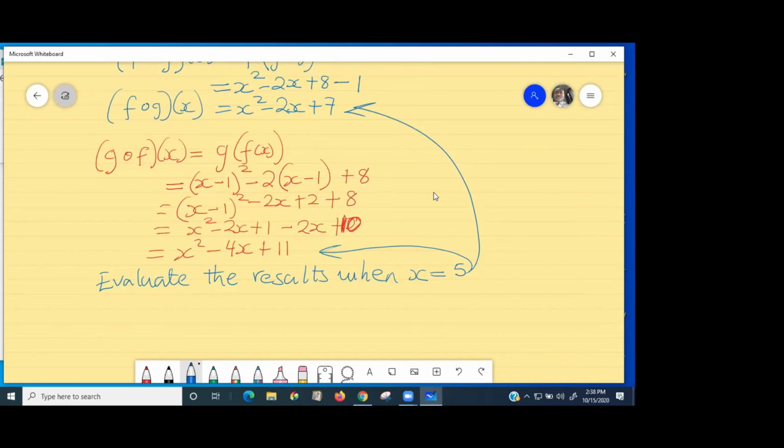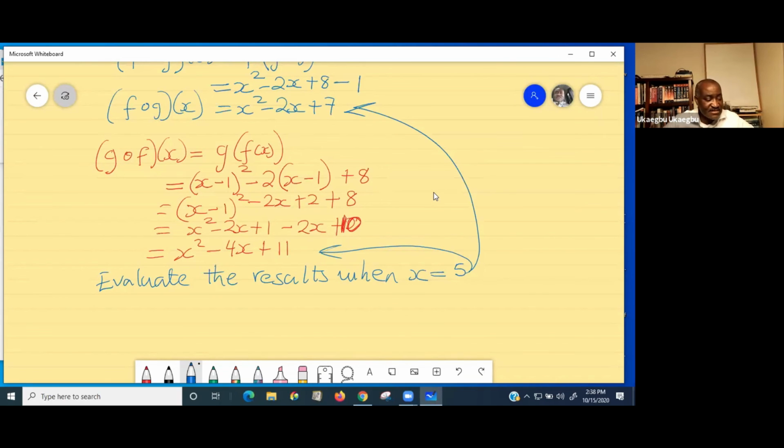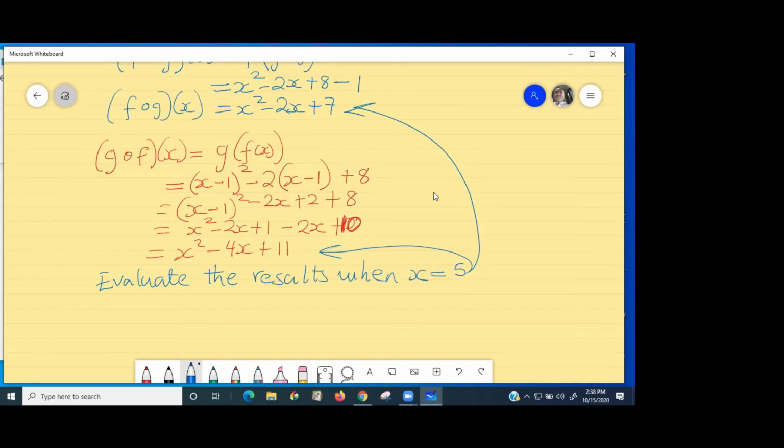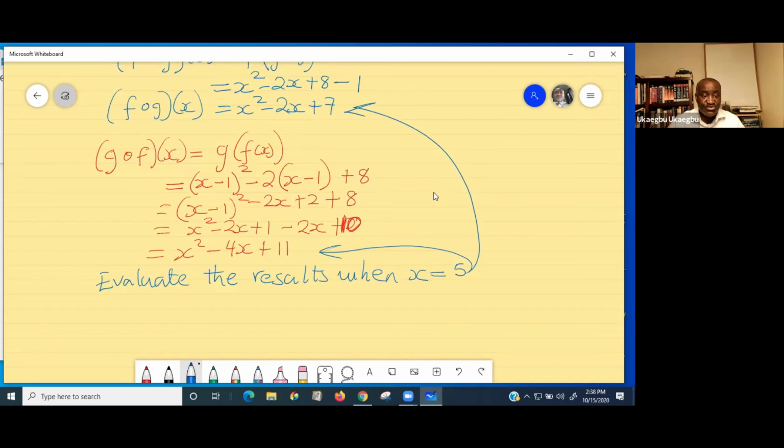Mr. Kibu, depending on how you substitute it, will you get a different answer? You are likely going to get a different answer because it's not the same function. It can only be a coincidence if you get the same answer. Yes, you are most likely going to get a different answer because it is absolutely a different function.